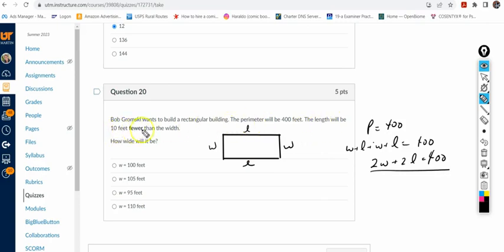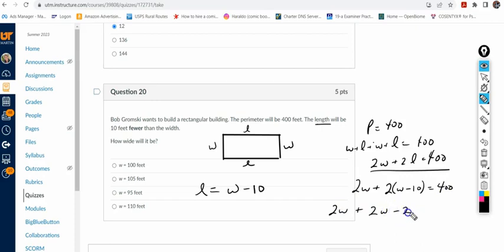And the length is 10 feet fewer than the width. Okay. So it's going to be W minus 10. The length is 10 feet fewer than the width. Okay. So I'm going to go back to this formula. And instead of L, I'm going to have W minus 10. 2W plus 2W is 4W.